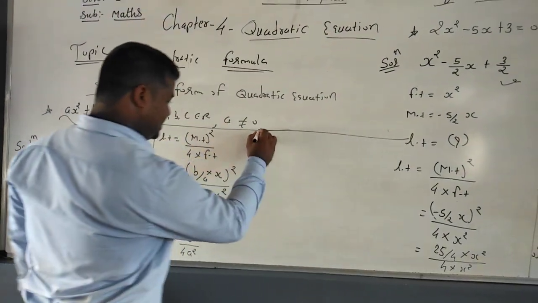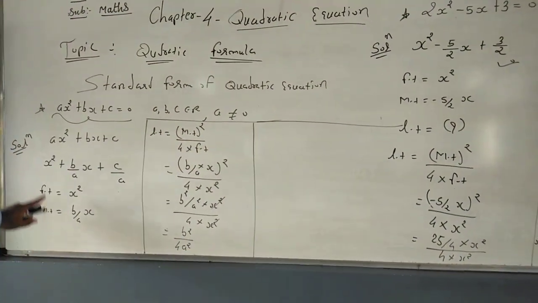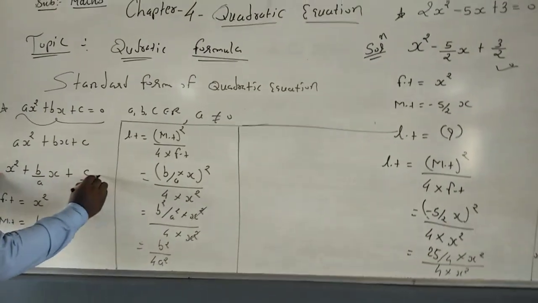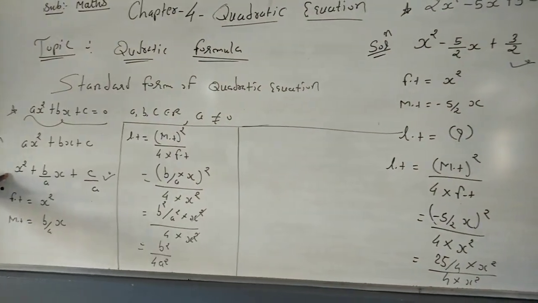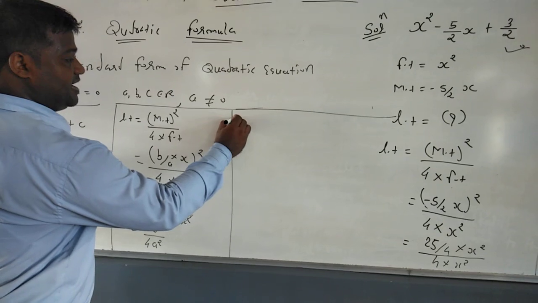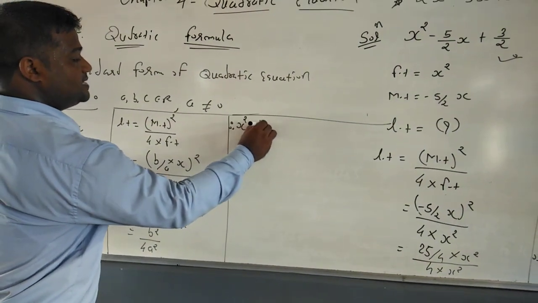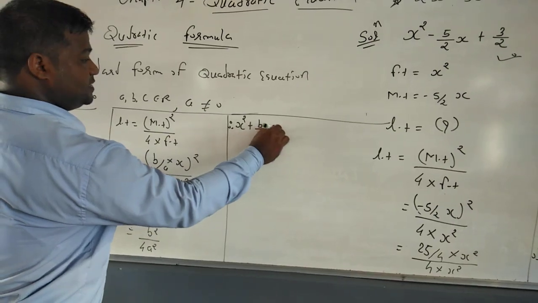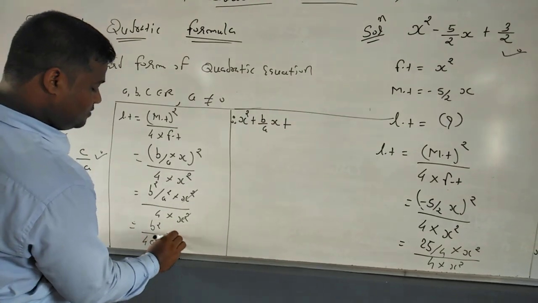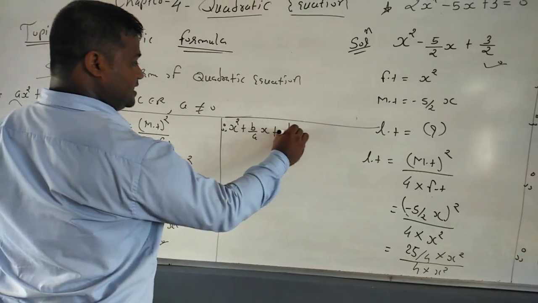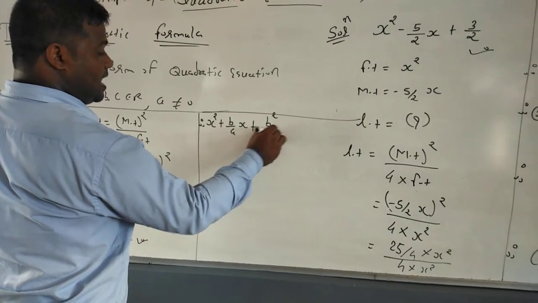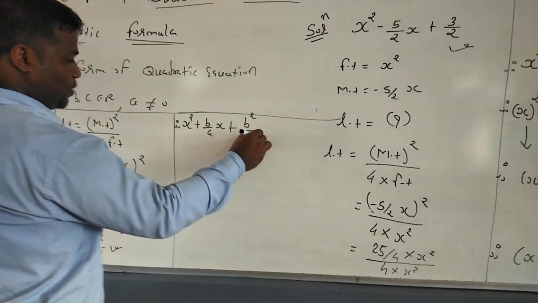Now you want to make a perfect square trinomial. Therefore, x square plus b by a x, what do you find? You find this, so you write b square by 4a square.